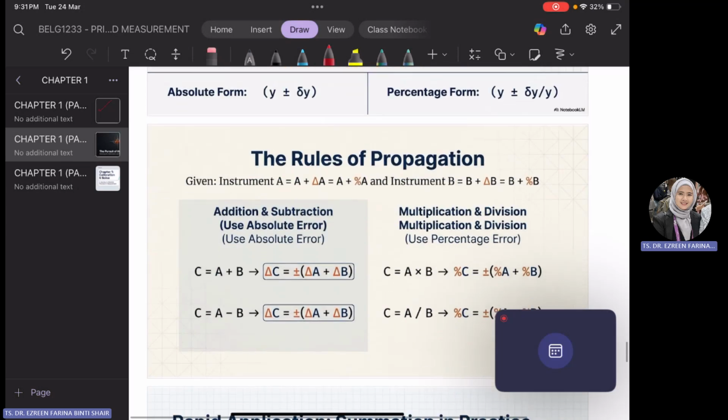Now let's look at the rules of propagation. For example, we have two instruments, first instrument A and instrument B. Instrument A has a value of A plus minus delta A, or A plus minus percent A. The A here is the value, and this delta A here is the limiting error.